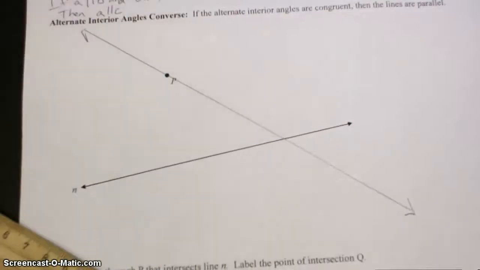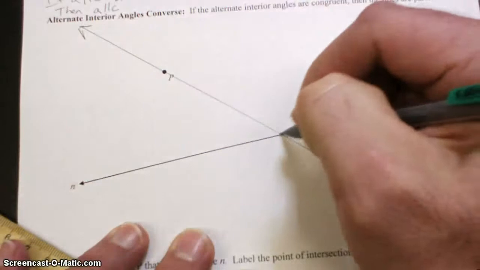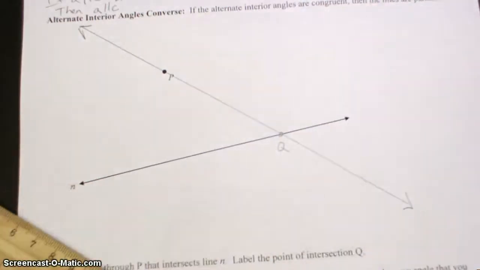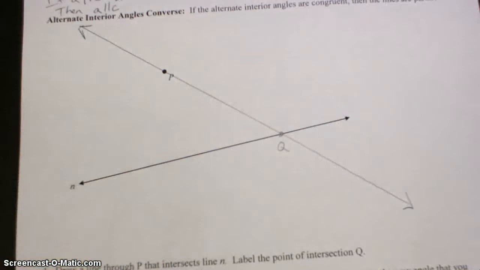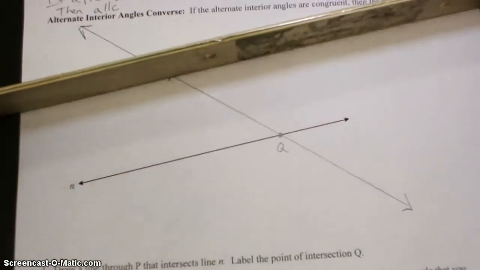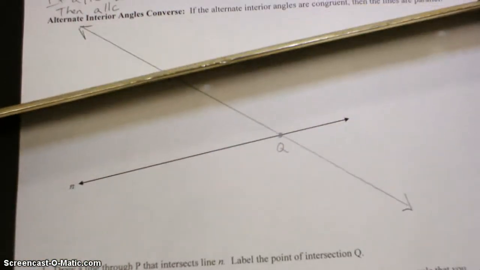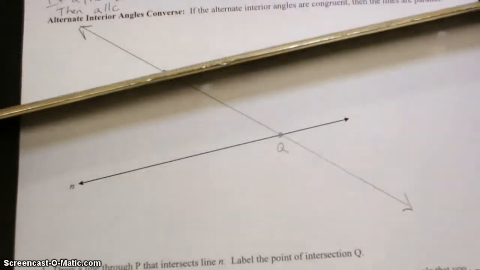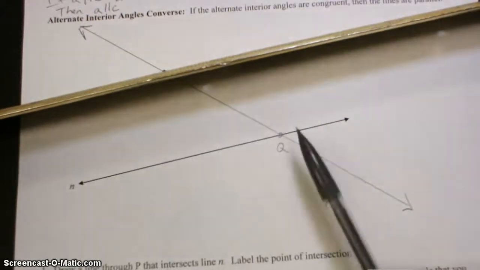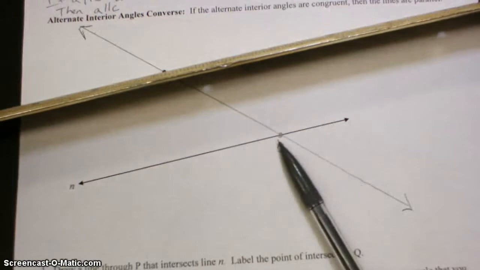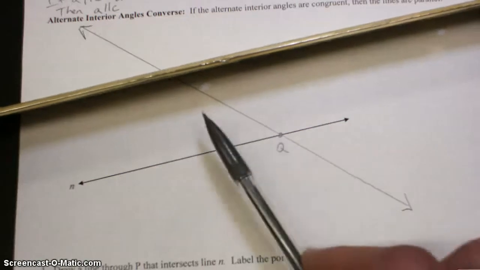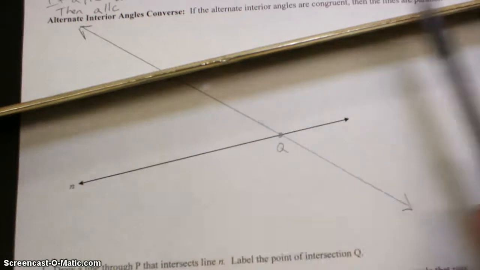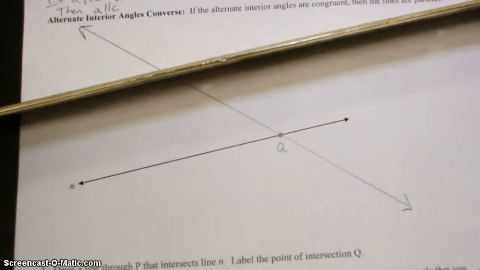And I'm going to label the point of intersection between that transversal and my original line N, point Q. What I'm going to end up with is a line parallel to N through point P. If I'm going to use the alternate interior angles converse, I need to pick an interior angle around Q and copy it onto P to create the angle that is congruent, so I end up with parallel lines.